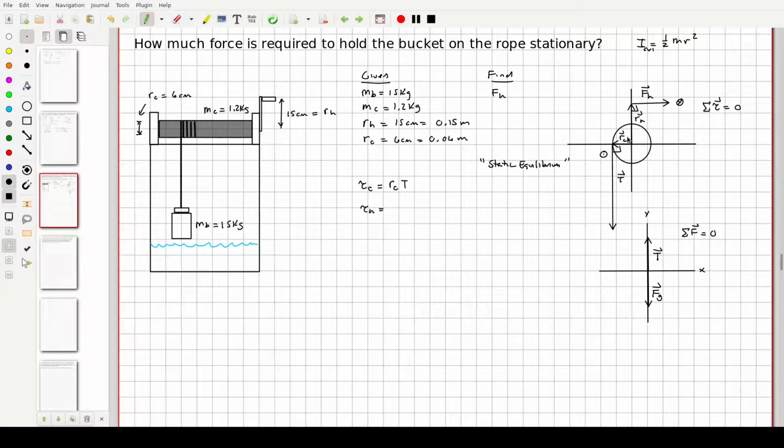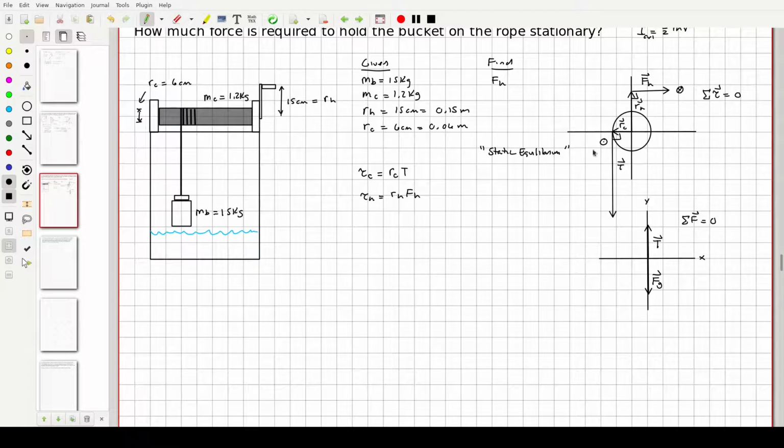And if you look, it's R sub H times F sub H times sine of the angle in between, which again is 90 degrees. So that's 1. So when we sum up the torques here, R sub C T minus R sub H F sub H, we expect to get 0.